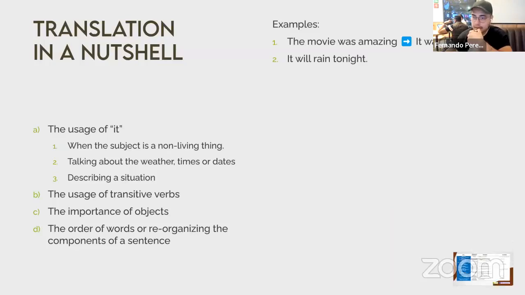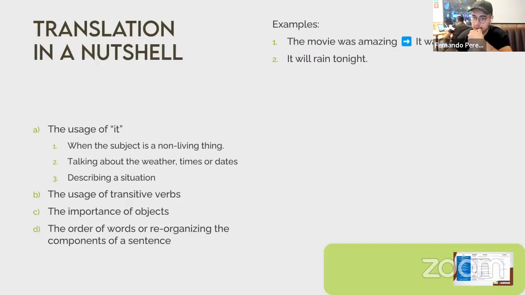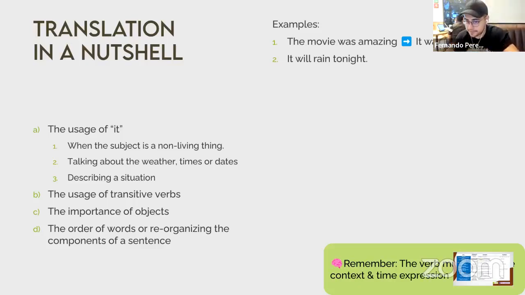Let me take a note here that says, remember, the context and time expressions of the sentence.